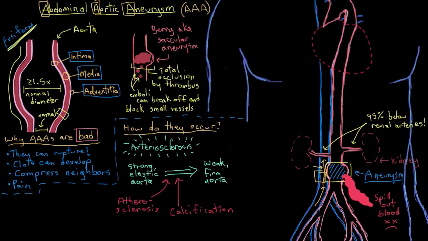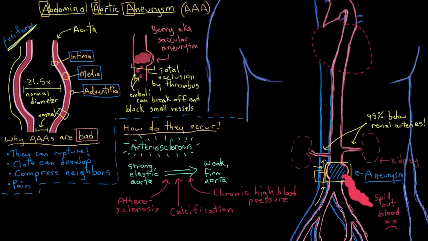Chronically high blood pressure can cause arteriosclerosis too, because it causes a thickening of the media layer. So these three things are major players in the development of arteriosclerosis, which then predisposes you to development of aneurysms.